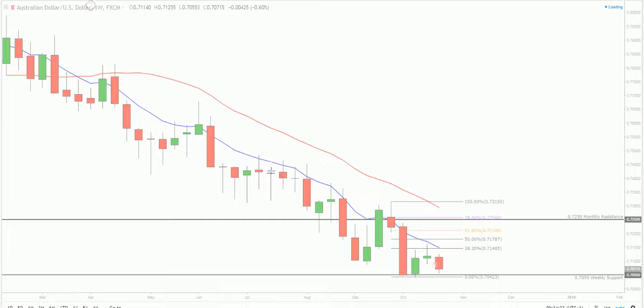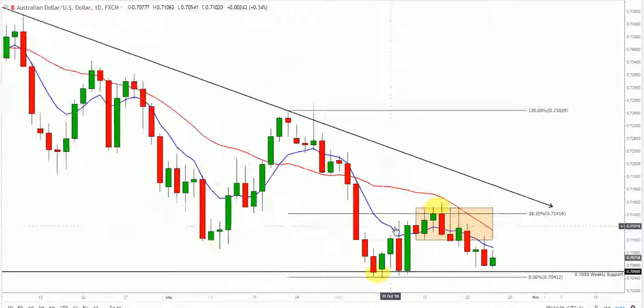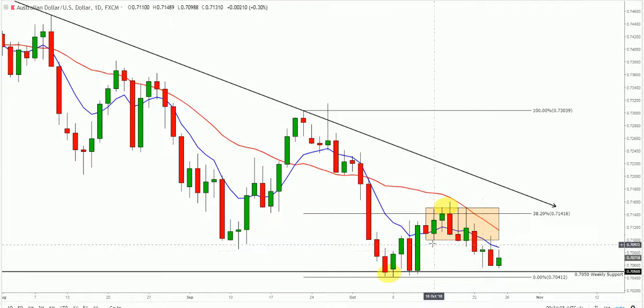If we step down to the daily time frame, you can see here that we did have this consolidation region which was broken. Price came down, again failed at that 7050 support level, but then after retesting the broken confluence zone along with the moving average resistance, we have fallen bearish again.